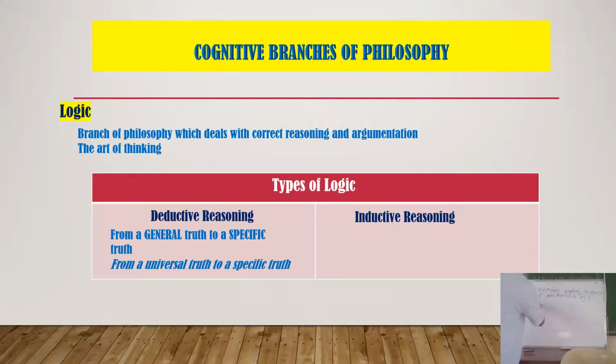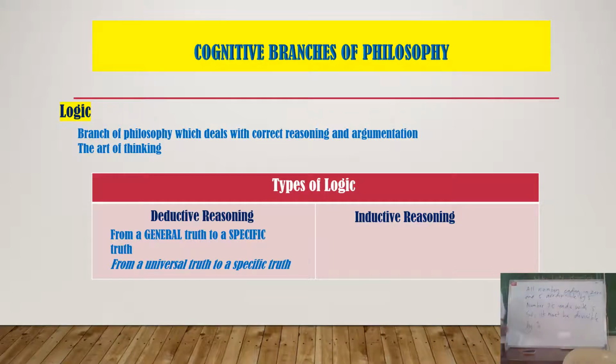Number 35. Number 35 ends with what? Ends with 5. So it must be divisible by 5.